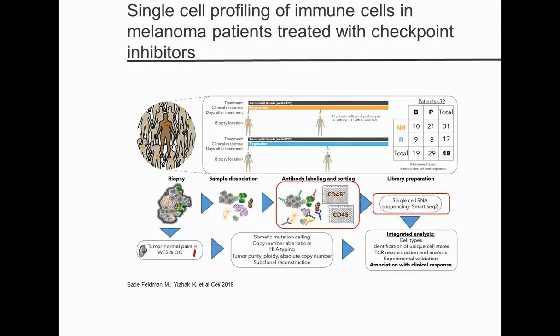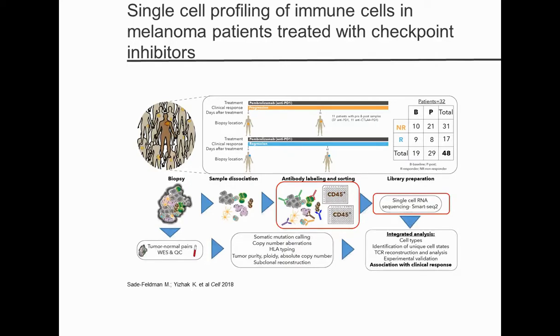The way that we did this study, we got fresh biopsies from the surgery operating room. We rapidly dissociated the samples, isolated the immune cells using a cell sorter, and then performed the single-cell RNA sequencing using the SMART-seq2 protocol, which is a full-length protocol that has the best coverage in terms of single-cell methods today.